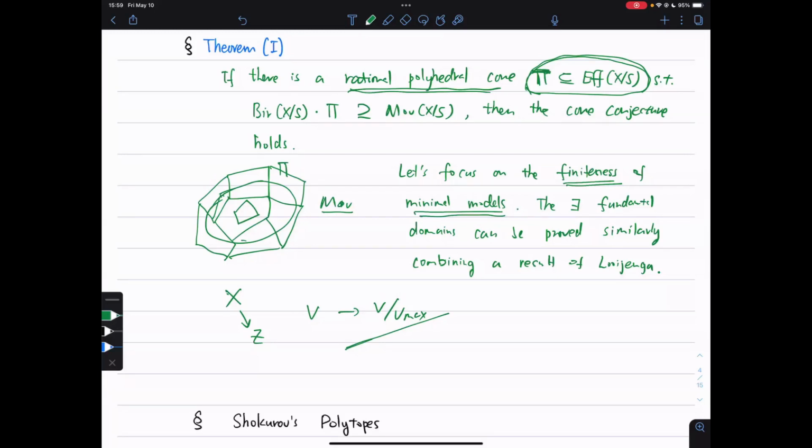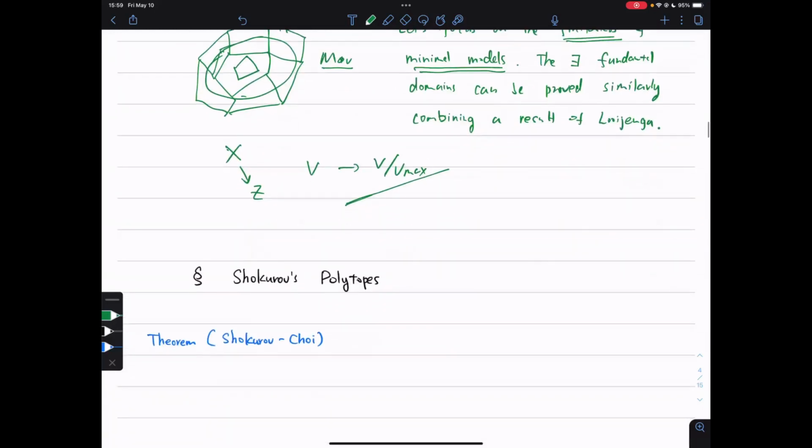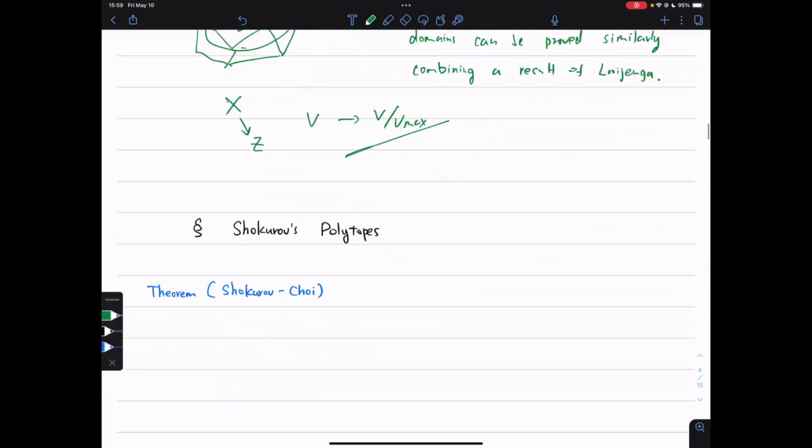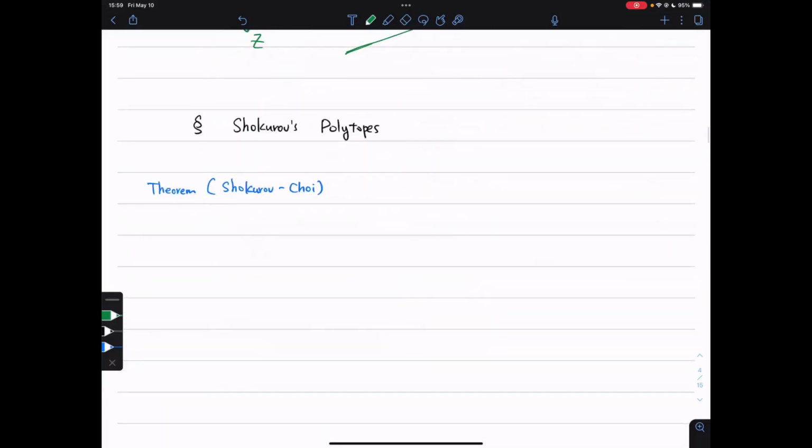But before the proof, we need to recall a big result, which is the theorem of Shokurov-Choi. And this result will assume abundance. We use it here, but I only state the result in our setting. Their result is for general varieties, but we state it for Calabi-Yau varieties.